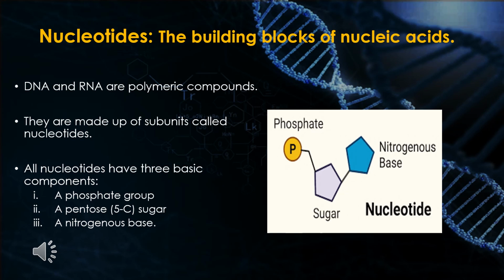All the nucleotides have the same basic structure having only three components, which are a phosphate group, a pentose 5-carbon sugar, and a nitrogenous base. In this picture, we can see a 5-carbon sugar is present. At carbon number 1, we have a nitrogenous base attached to it, and at carbon number 5, we have a phosphate group attached to it.